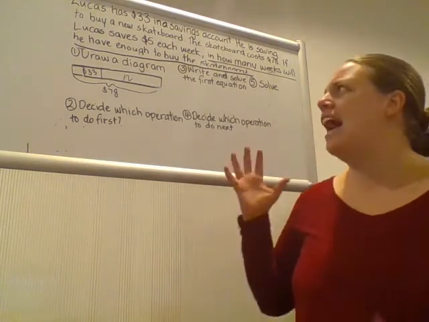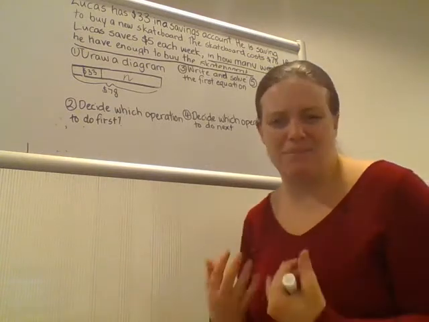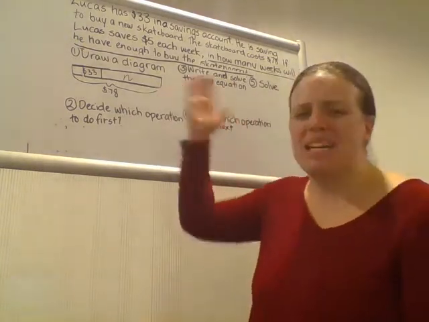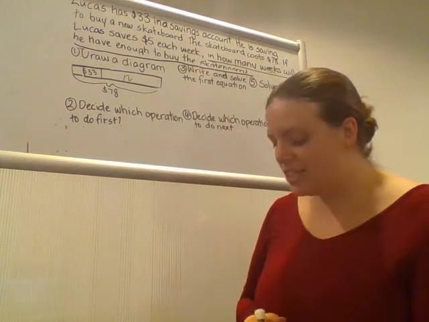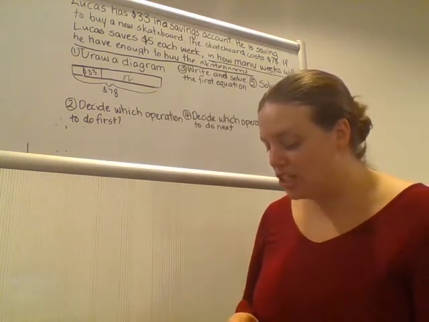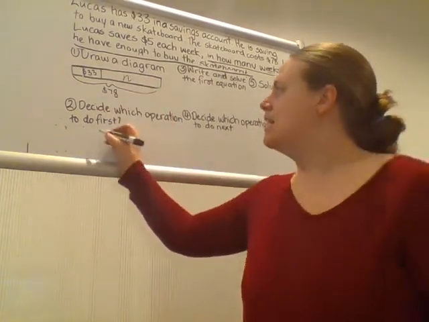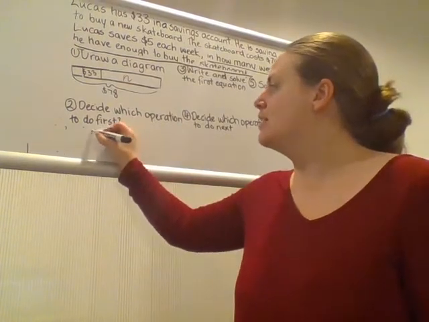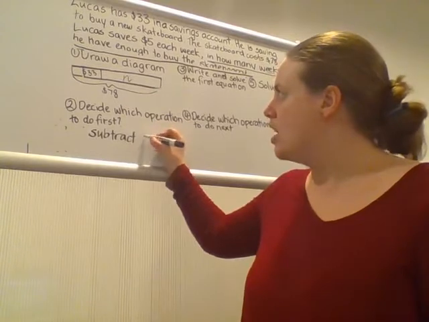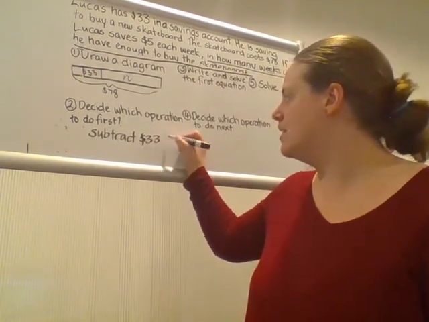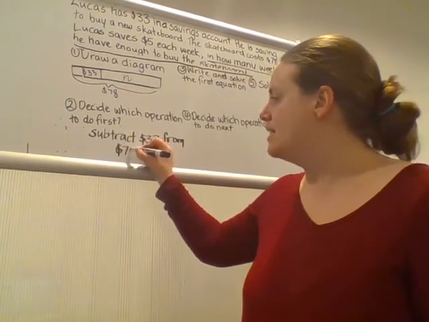Okay, step 2. I need to decide which operation to do first. Now looking at this, I can't figure out how many weeks it's going to take him to save before I know how much he's going to save. So what I'm going to do first is subtract to find the amount he needs. So first I'm going to subtract $33 from $78.